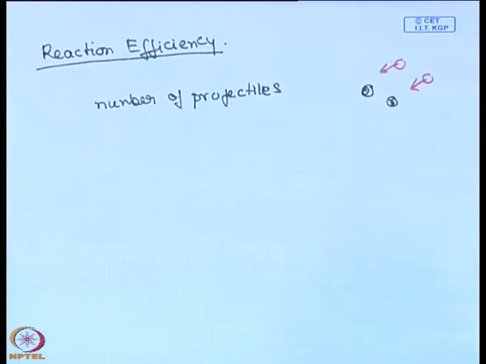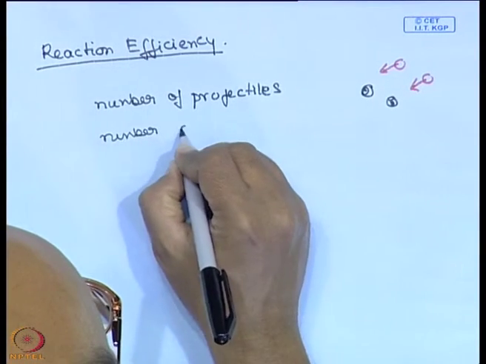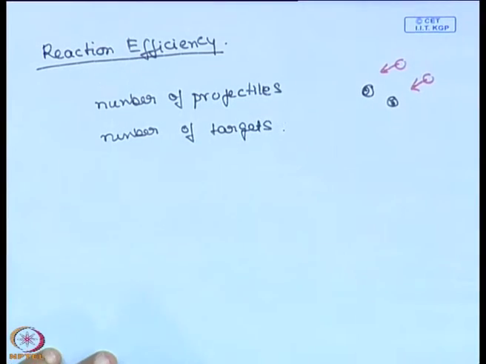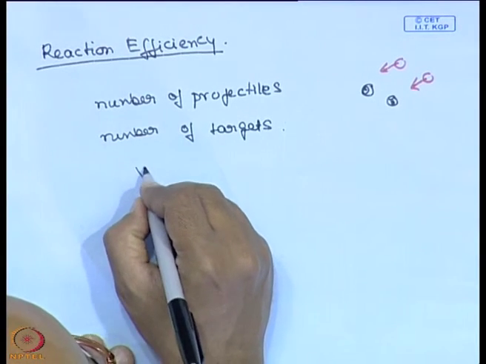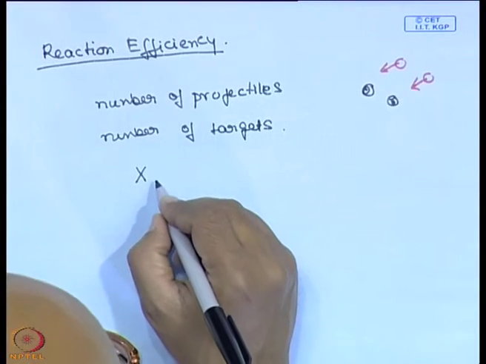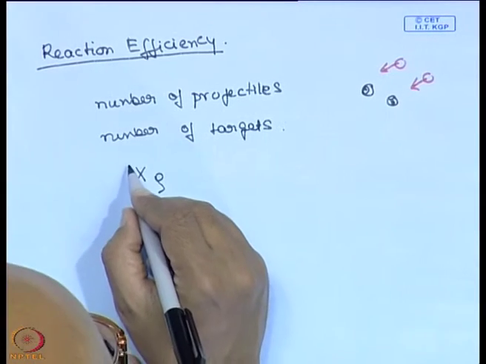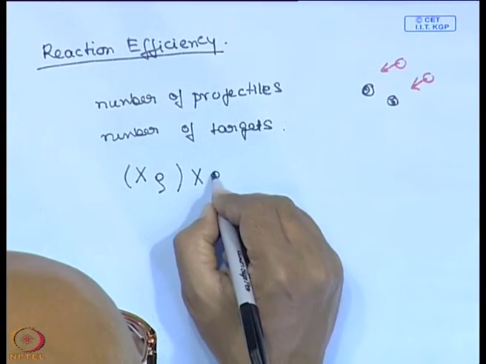So, it depends on the number of incident particles and it also depends on the number of targets. In this case, the number of projectiles, for the pp chain, is the hydrogen abundance times the density of hydrogen, and the number of targets is also the hydrogen abundance times the density of hydrogen.